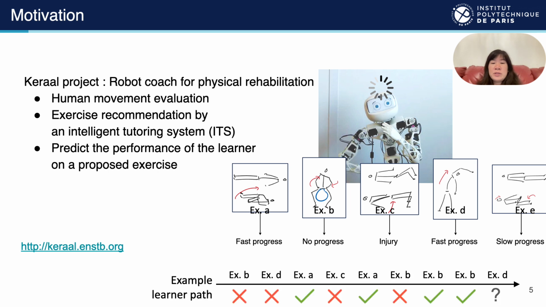So given that the learner failed on B, then on D, and succeeded on A, etc., what will be his performance on exercise D?